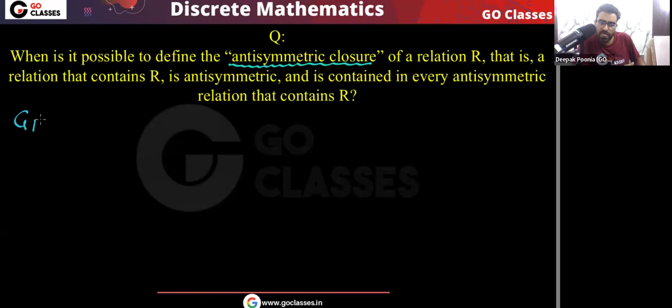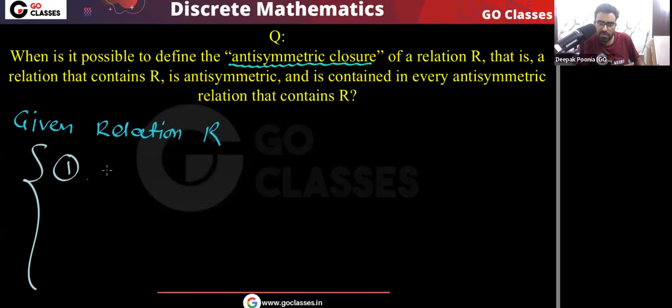given relation R, if R is already anti-symmetric, okay, if the relation R is already anti-symmetric, then what will happen?